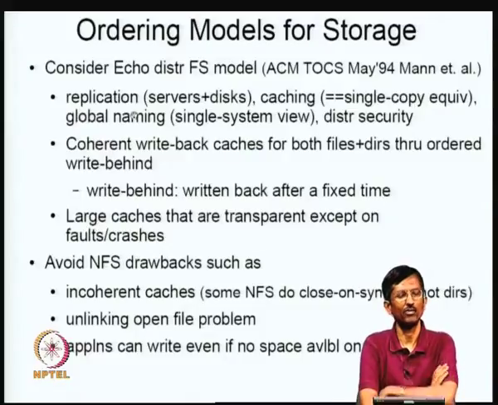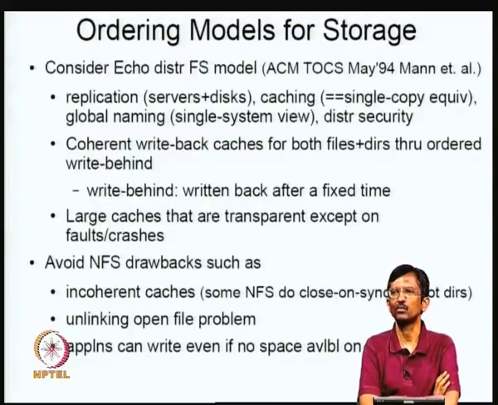Again, this differs from NFS. Essentially, it has got a single system view. You will notice that in NFS, depending on where you mount the file system, you get different names for the same thing. Whereas here, you want to have a single system view. So, that global naming also is an important aspect of this particular system.